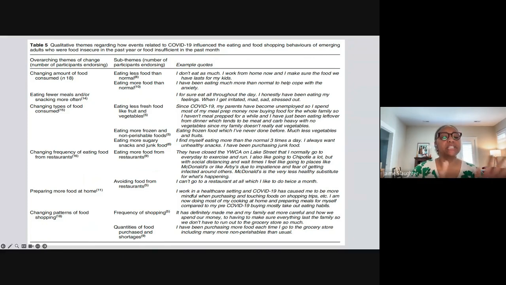And so with each column, we're getting a little bit more in depth into the theme. So for example, in terms of changing patterns of food shopping, we saw it broken down into sub-themes of frequency of shopping, as well as the quantities of food that was purchased, and shortages.